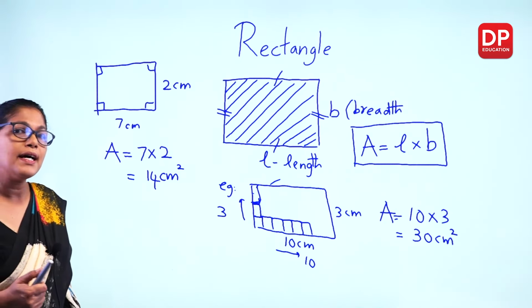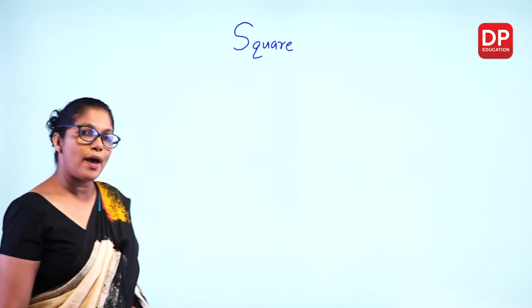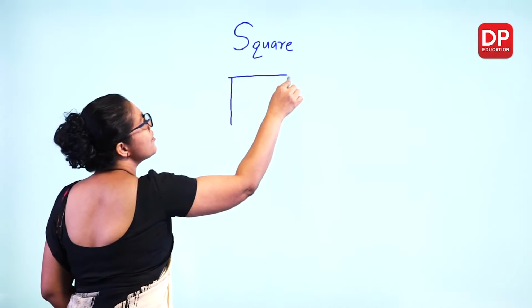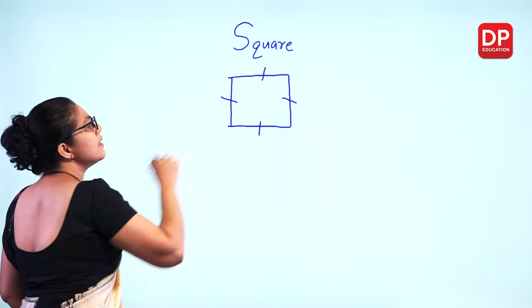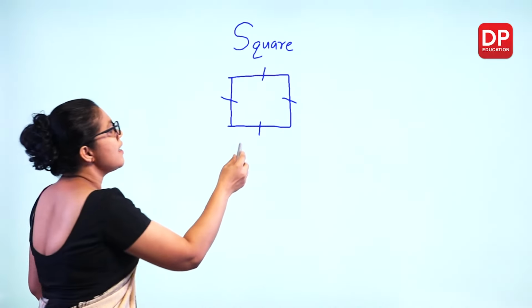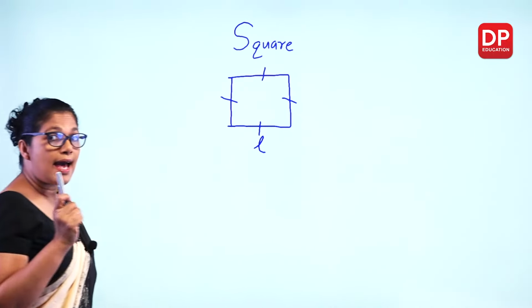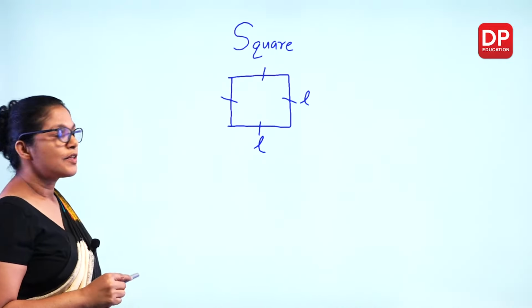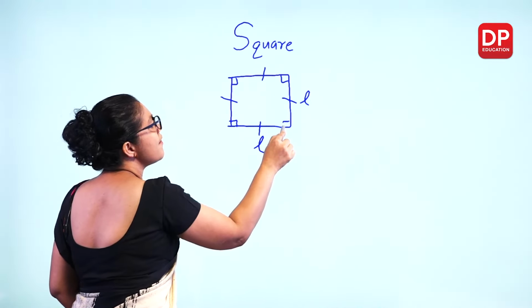Now we'll look at the next shape. That's a square. So what is a square? A square is a quadrilateral with all sides equal. So here if we take L as one length, this is also L. According to the definition, what's the area of a square?